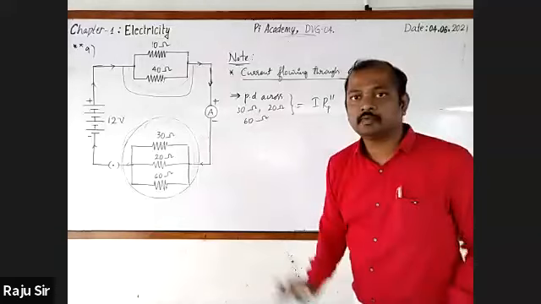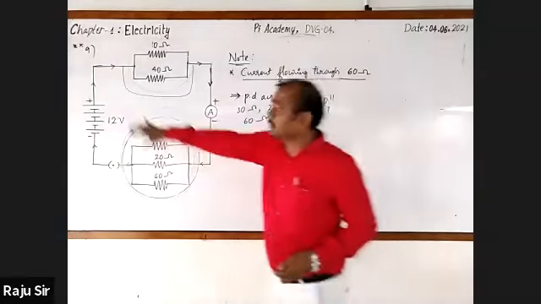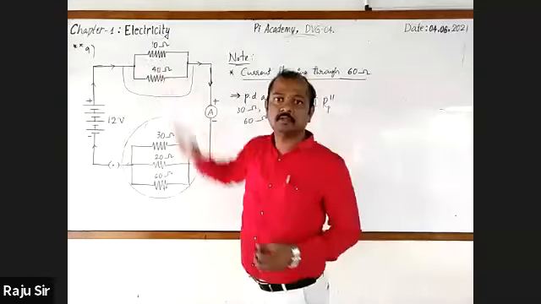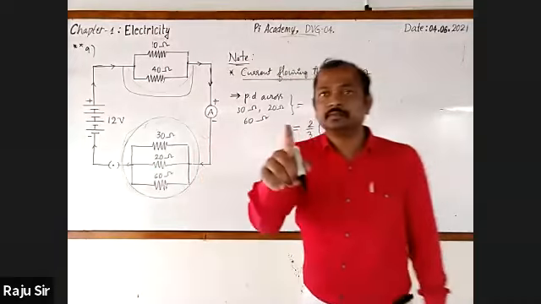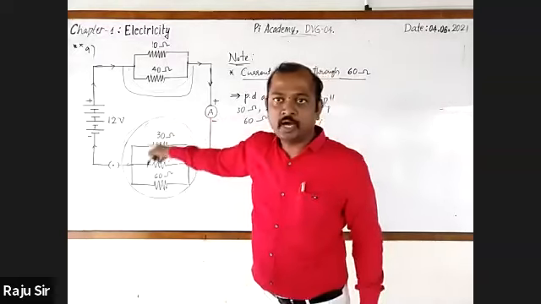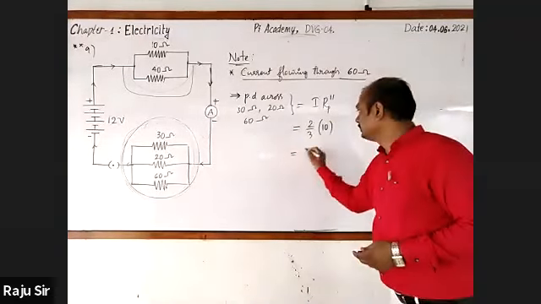What is the total amount of current flowing in the entire circuit? 2 by 3, nothing but 0.67. Next, RP double dash, we have found out to be 10 ohm. RP dash is 8 ohm, RP double dash is 10 ohm. So 2 by 3 into 10 is 20 by 3.